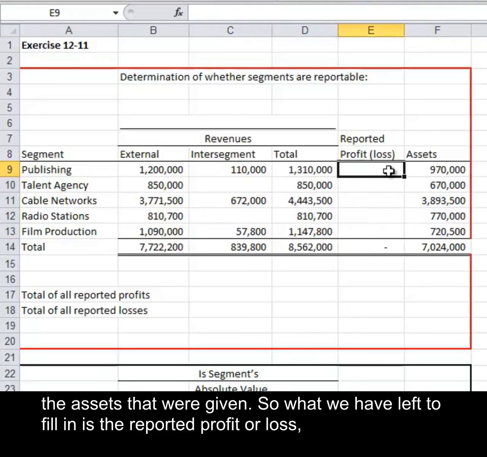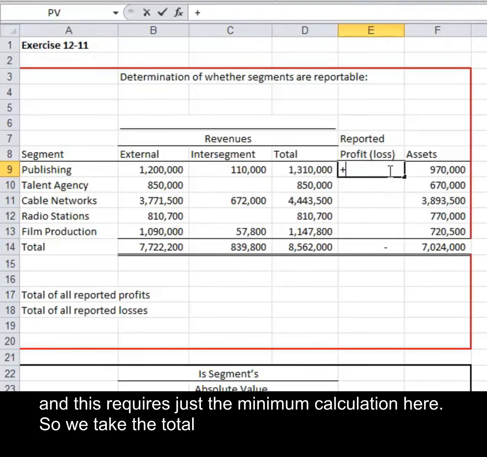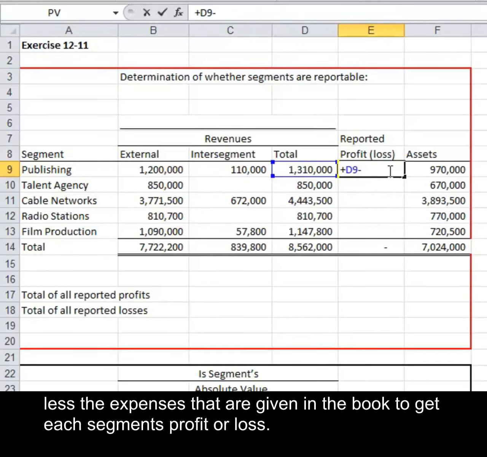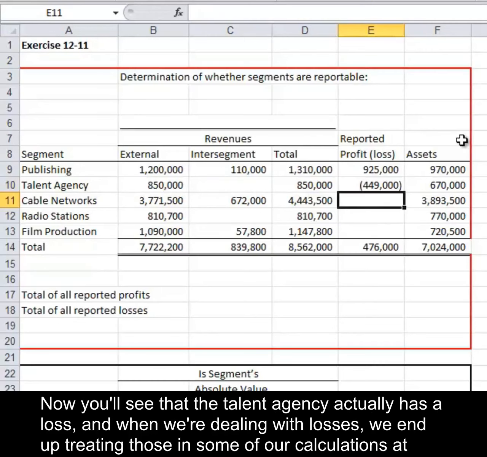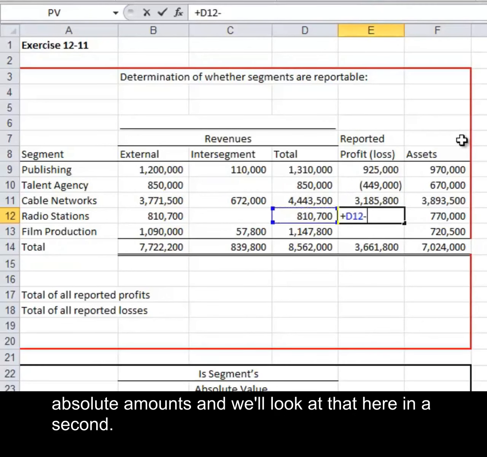So what we have left to fill in is the reported profit or loss, and this requires just a minimum calculation here. So we take the total less the expenses that are given in the book to get each segment's profit or loss. Now you'll see that the talent agency actually has a loss, and when we're dealing with losses, we end up treating those in some of our calculations at absolute amounts, and we'll look at that here in a second.